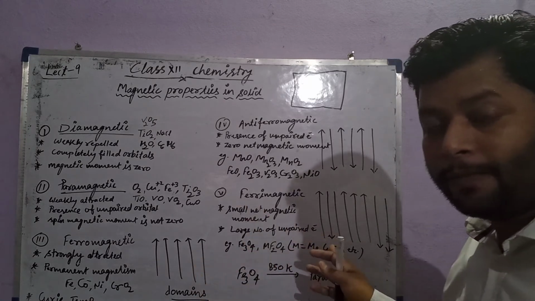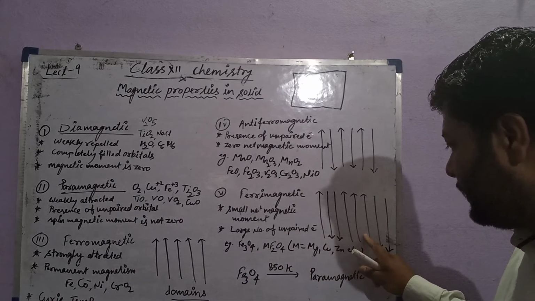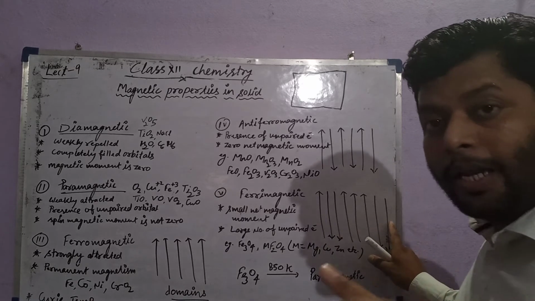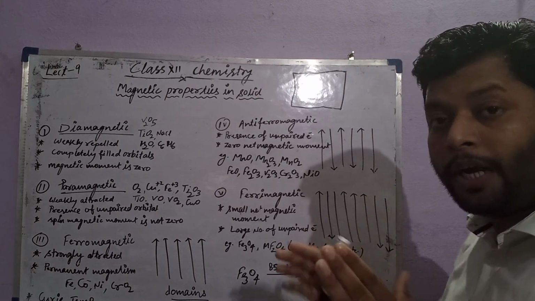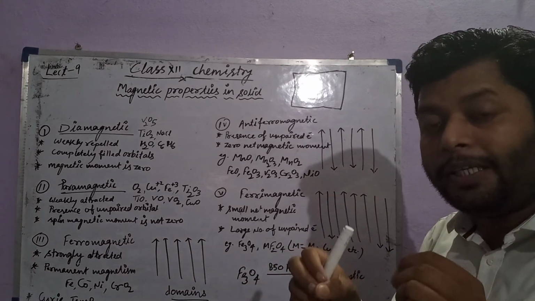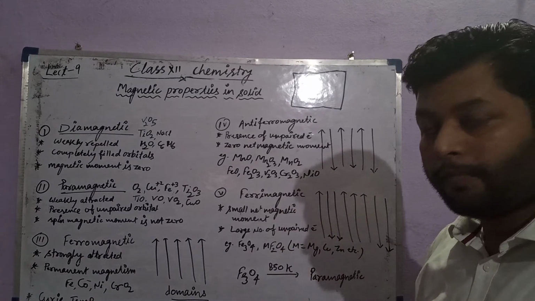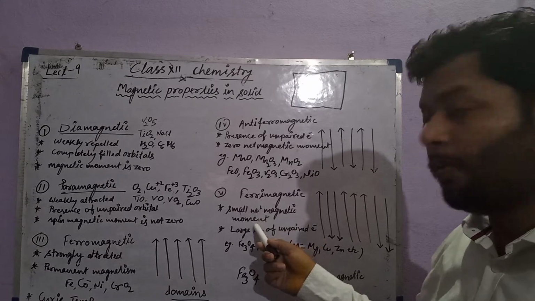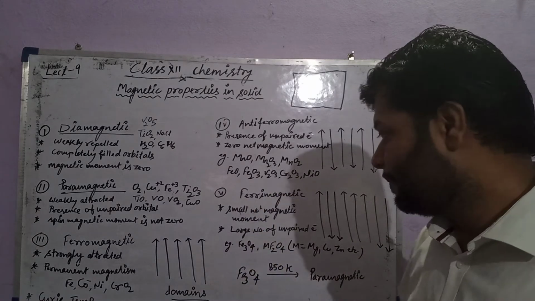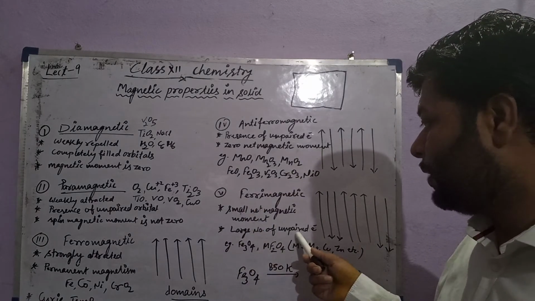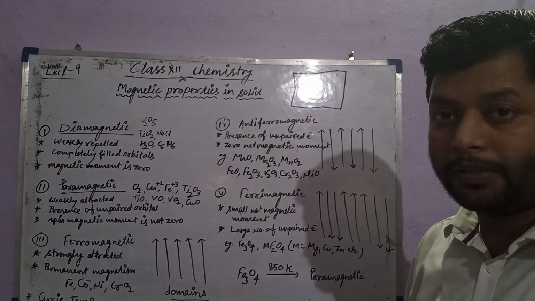The unequal number of parallel and antiparallel domains does not cancel the magnetic behavior completely, so a small net magnetic moment remains, and there is also a large number of unpaired electrons.